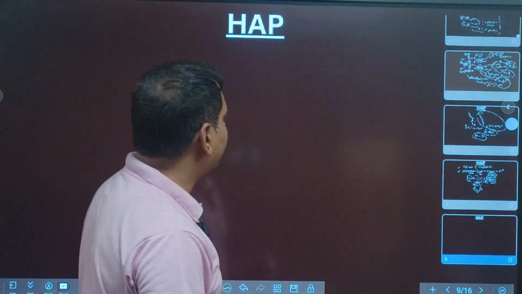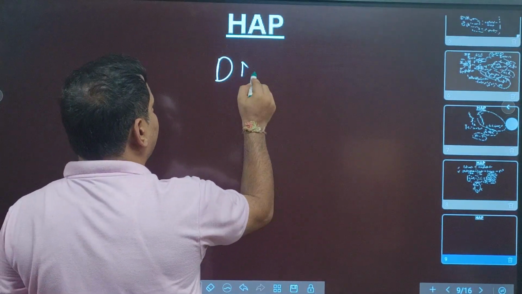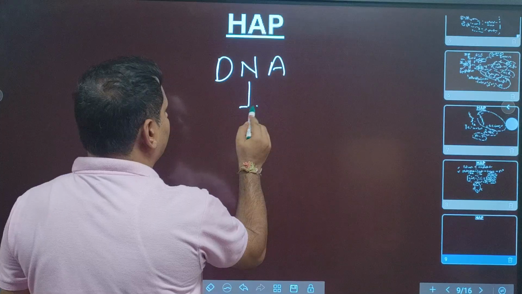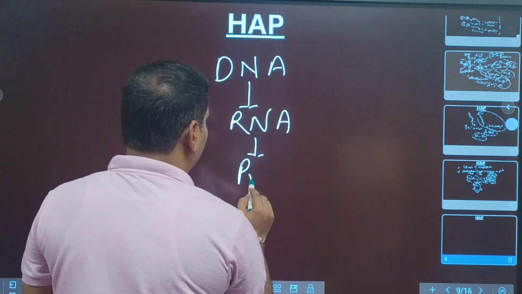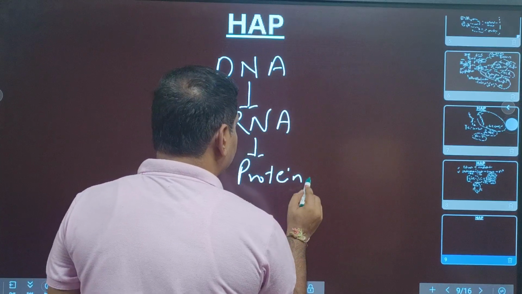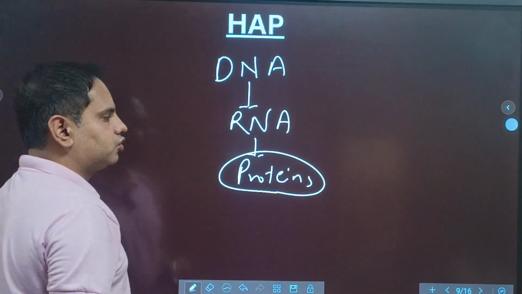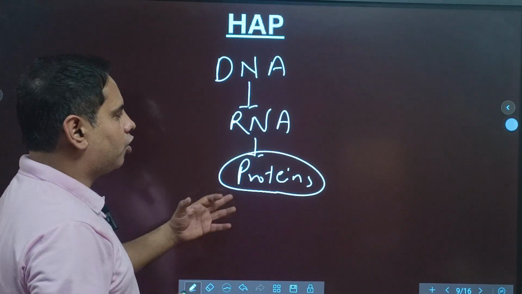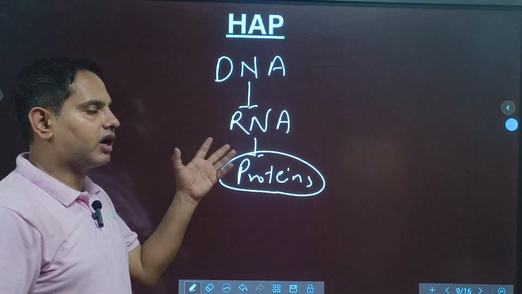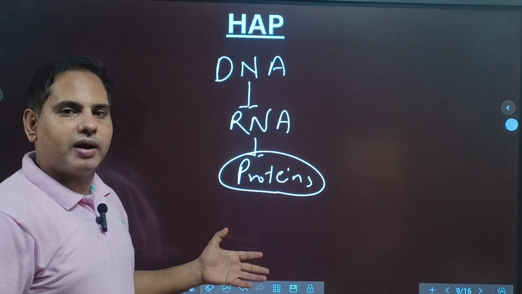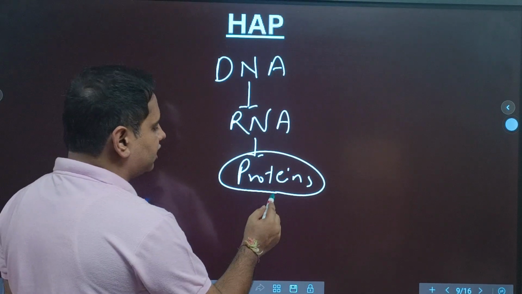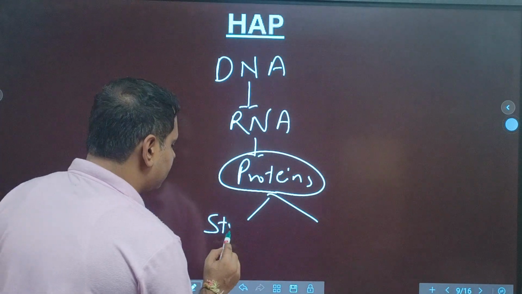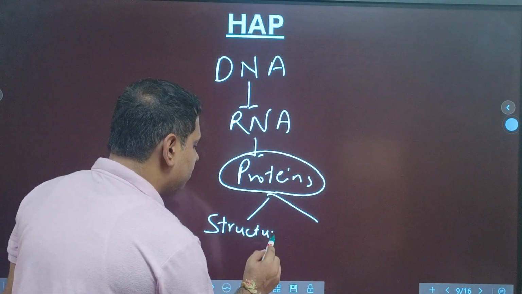And with respect to DNA, everyone of you might know that DNA is expressed into RNA, right, and RNA is expressed into proteins, right. Nowadays you might have heard about proteomics, some are talking about transcriptomics, some about metabolomics, right. So DNA, RNA to protein, and proteins are of two types, structural proteins and functional proteins.